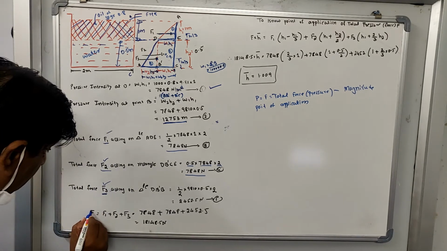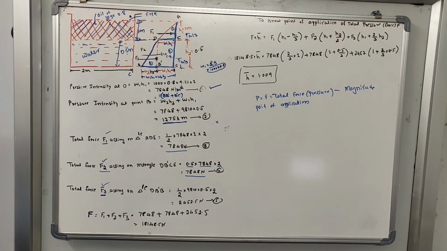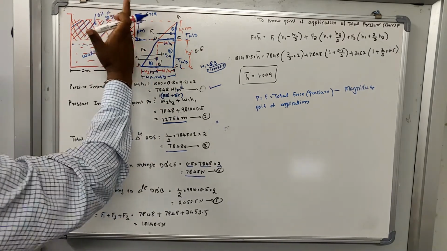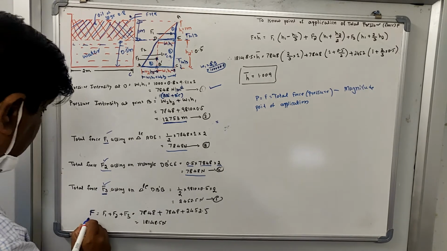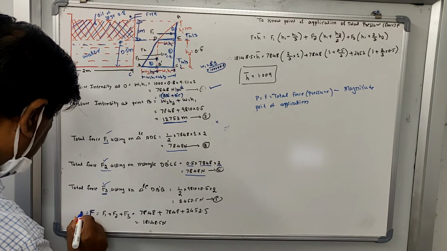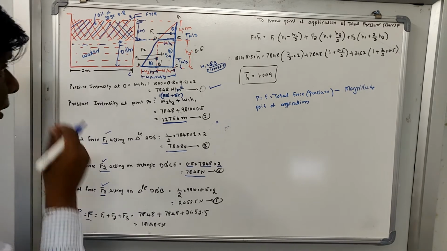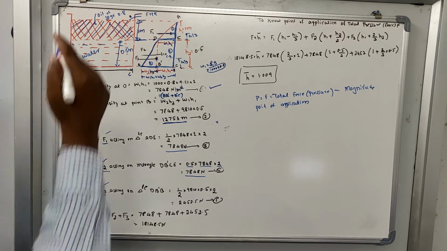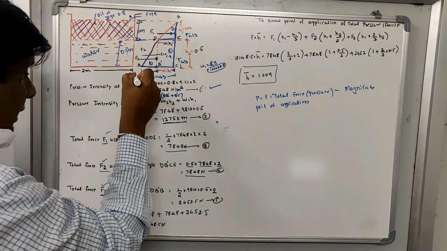Therefore, the total force or pressure exerted by these two fluids on the side wall AC, total F, or you can also take it as capital P, is the total force exerted by the two fluids in the tank on the side wall AC.